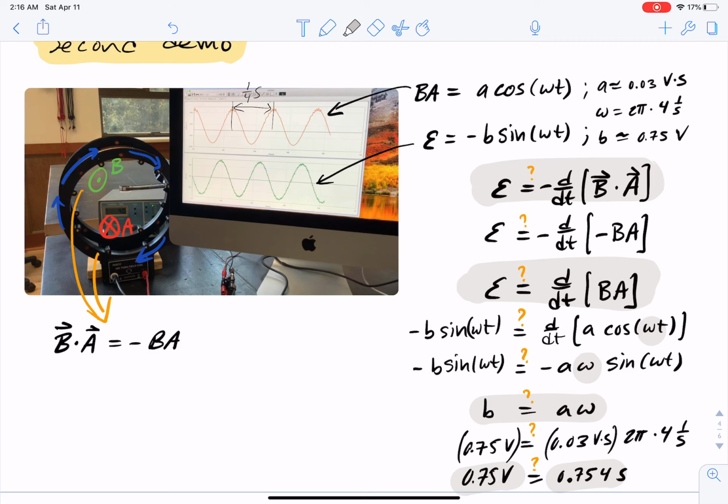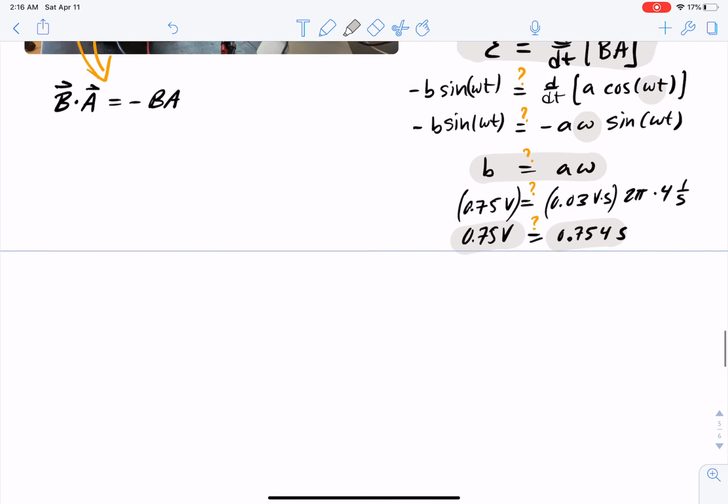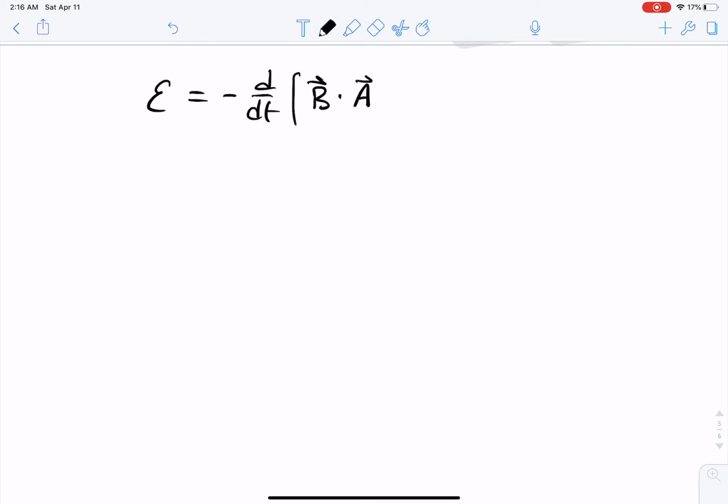There was one other demonstration, and that was the one where I had the magnet spinning in the coil. So in this case, B and A are both constant.